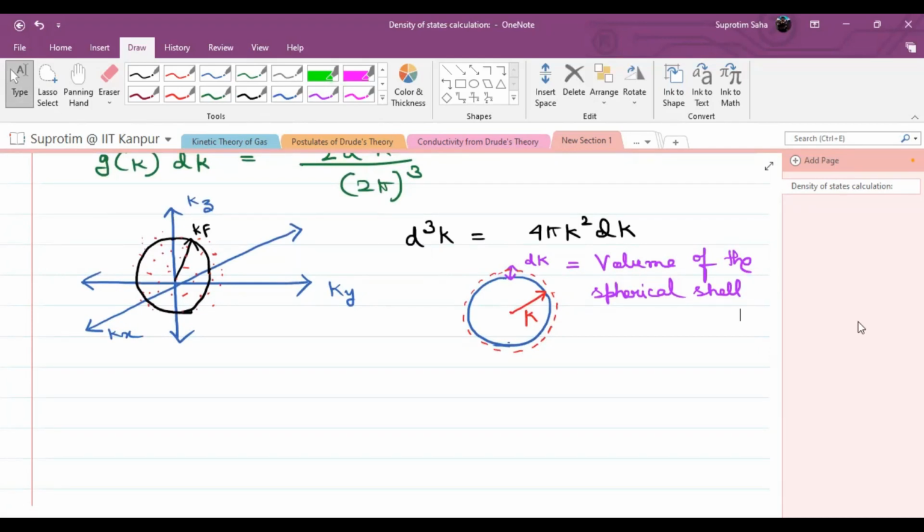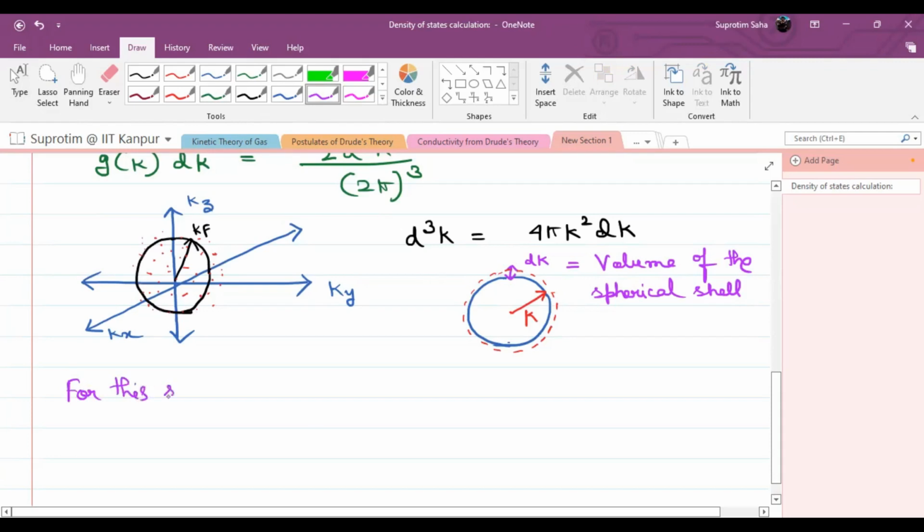Let's record. For this spherical shell, there's no theta or phi dependence.